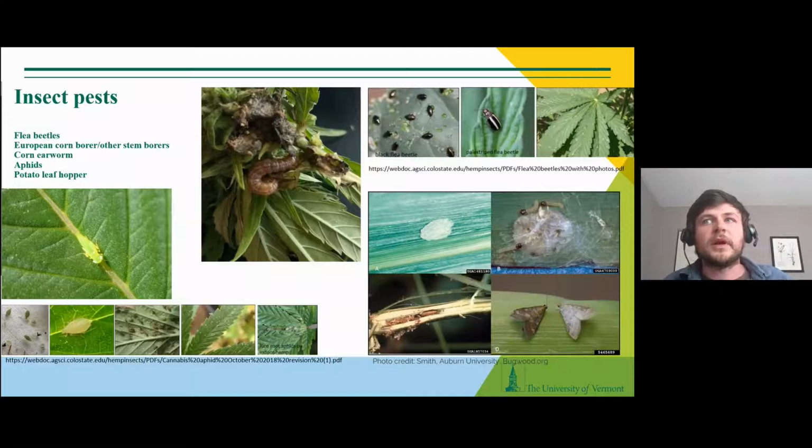Definitely seen a little bit of hopper burn, mostly on some of these earlier maturing autoflower varieties. But as a whole, those two don't really seem to have too much of an impact on our crops. But I guess that's something that might become a little bit more of a problem moving forward, depending on overall hemp acreage, weather conditions, and various other factors.